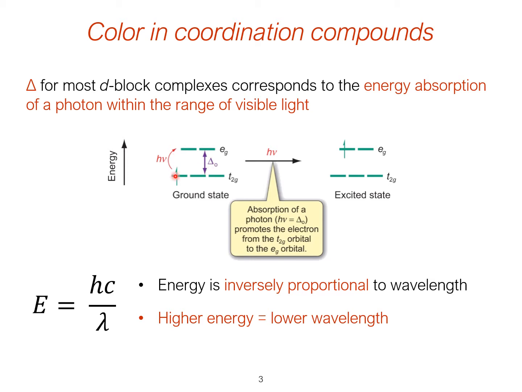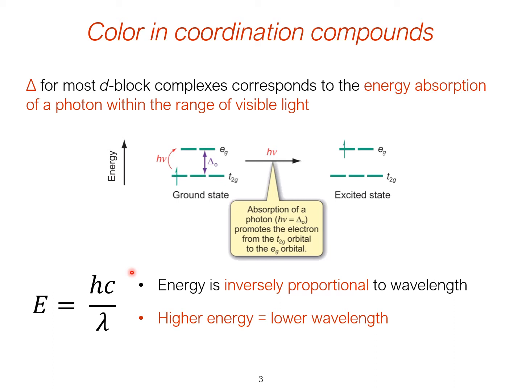So a photon of visible light has the right amount of energy to move an electron from the ground state, in an octahedral complex the t2g, in a tetrahedral complex the e, into an excited state, either the eg for octahedral or t2 for tetrahedral. And whatever this energy gap is, the wavelength of light corresponding to that is the colour that's absorbed, and then the opposite colour in the colour wheel is the colour of that complex, as we saw.